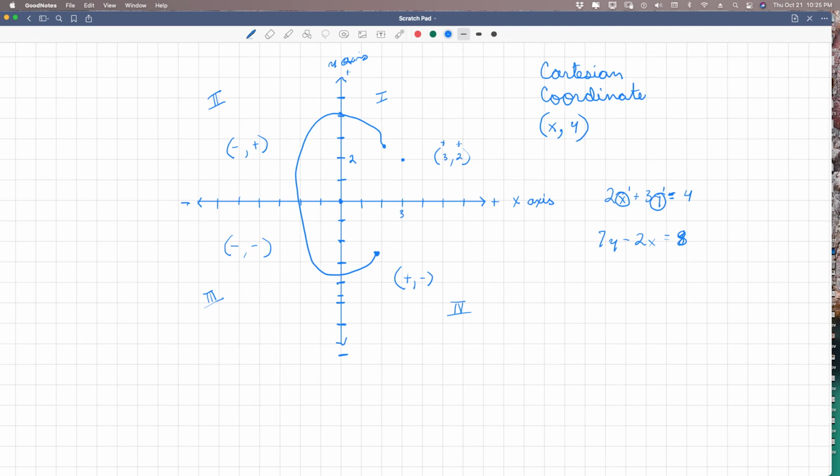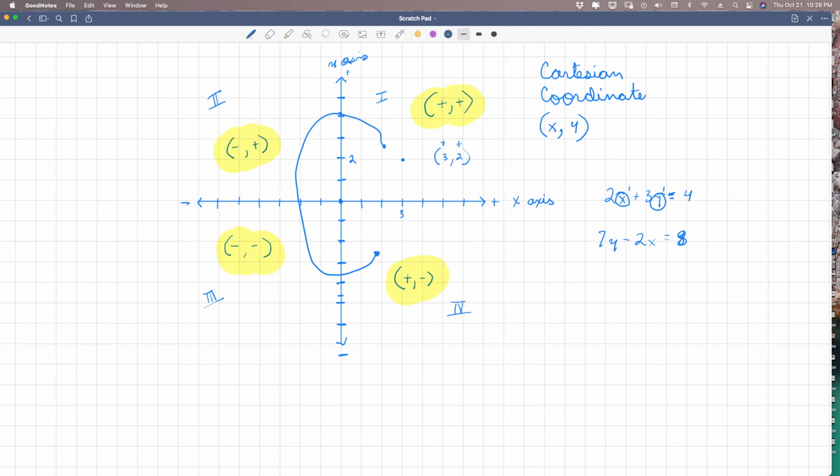Well, I'm just going to have to rewrite it. Positive, positive in the first quadrant. What I meant to do was this right there. So positive, positive, negative, positive, negative, negative, positive, negative. All right, those are important.